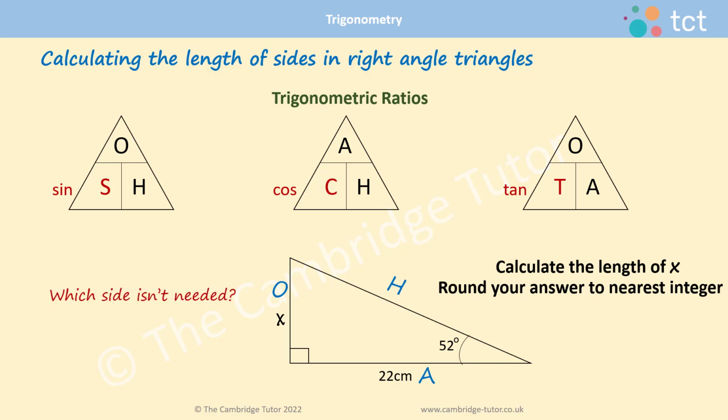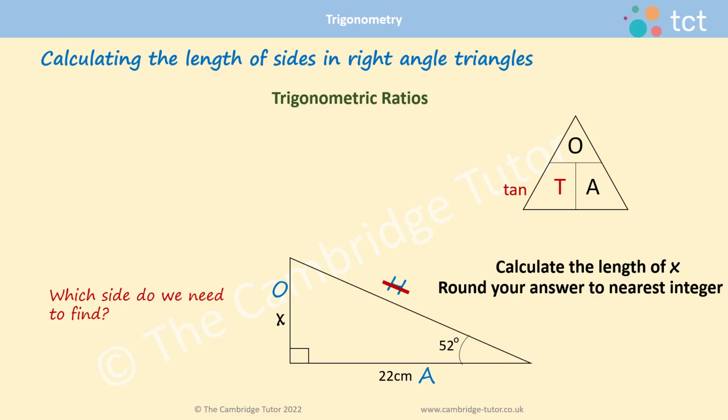Now ask yourself, which side am I not working with? Which side isn't needed in my calculation? You've been given the adjacent, and you're looking for the opposite, so you don't need the hypotenuse. Once again, we can get rid of those first two triangles, and you're left with the tan, TOA.